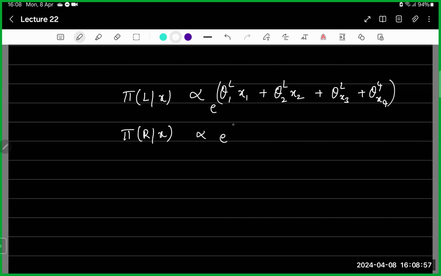Similarly, e power theta 1 h1 over h2 plus theta.